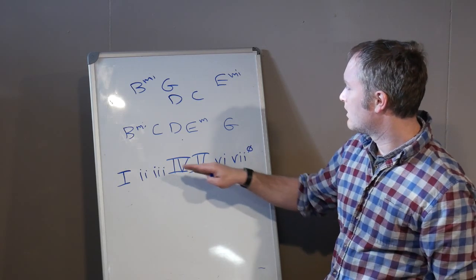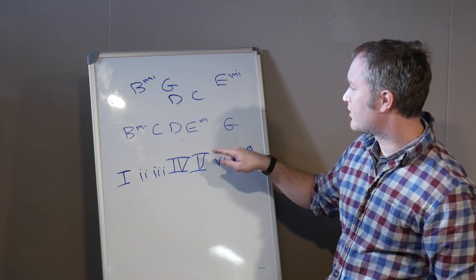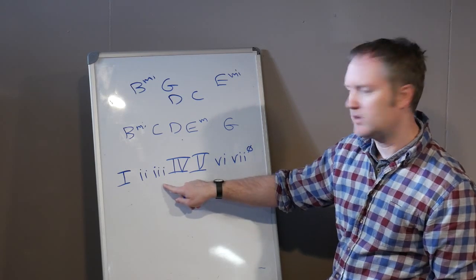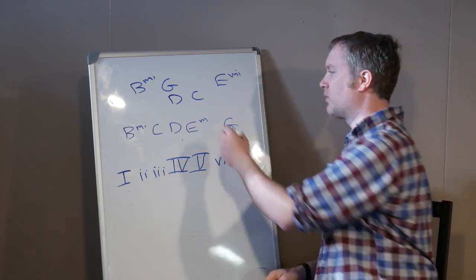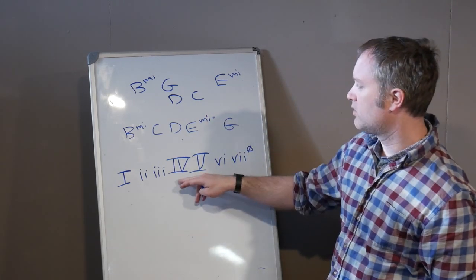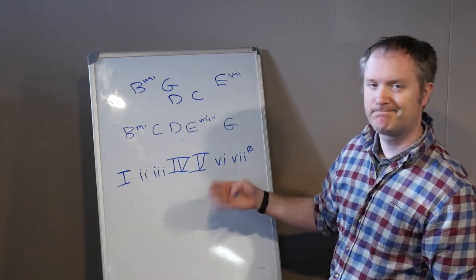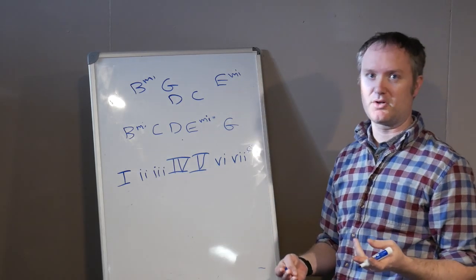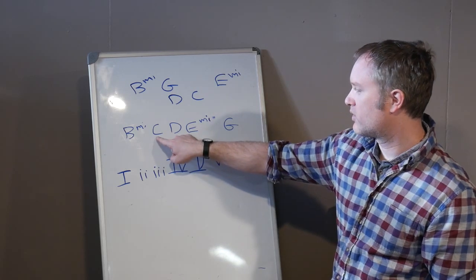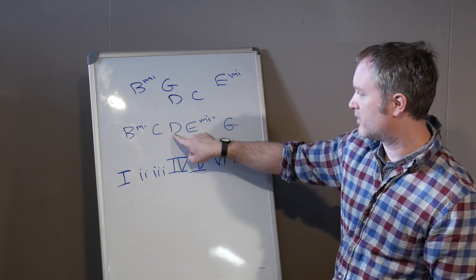Okay, so remember that trick we used before. If you see 2 minor chords that are 1 letter apart, or if you see 2 major chords that are 1 letter apart, suddenly you kind of figured out your scale, right? And already I see a C major chord and a D major chord right next to each other.